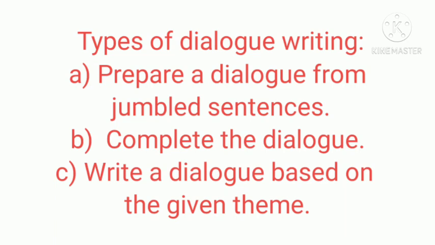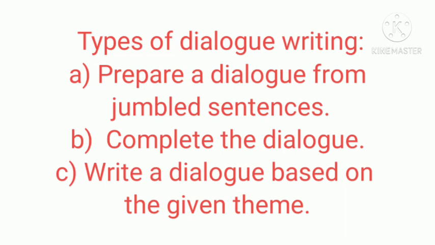Now, the third type of dialogue is write a dialogue based on the given theme. Here you will be given a theme based on chit chat activities from the course book, and you have to develop a meaningful dialogue between 2 persons. Remember that your dialogue must consist of minimum 3 meaningful exchanges.